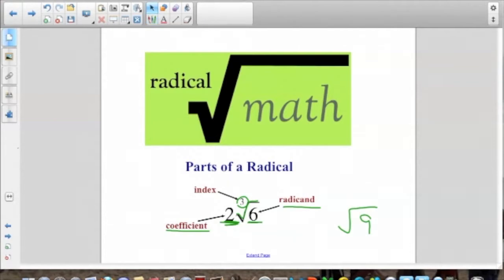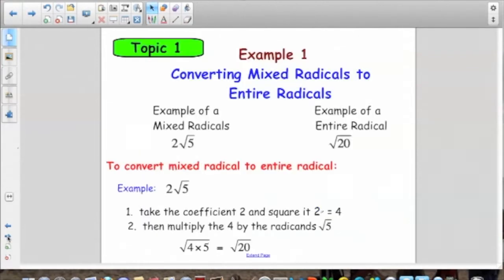There's an invisible 2 that is not shown, but we know it's a 2 there, which means what number times itself equals 9. And we know that to be 3 times 3. So the answer to that, the square root of 9, we know is 3. All right, so that's what the index tells us. It's these two numbers. All right, let's move on.